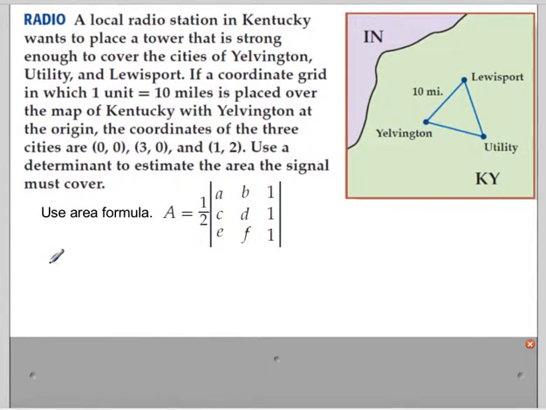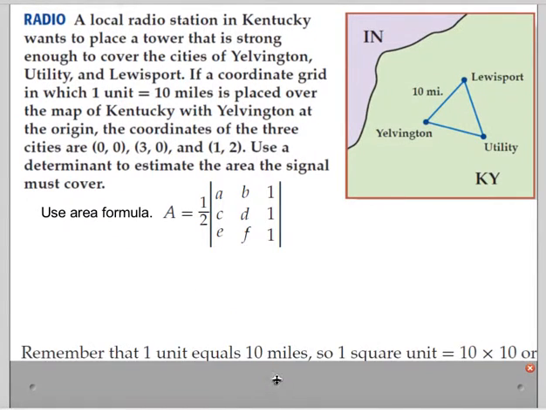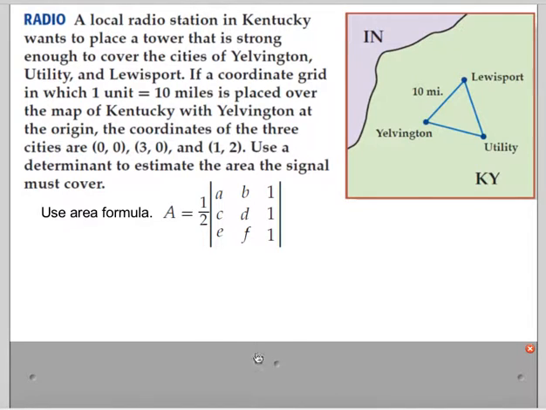So in this one here, we're given a local radio station in Kentucky, and we've got a coordinate grid over here. So we have some values there. We're given 0, 0, 3, 0, 1, 2. So we could set up our 3 by 3.